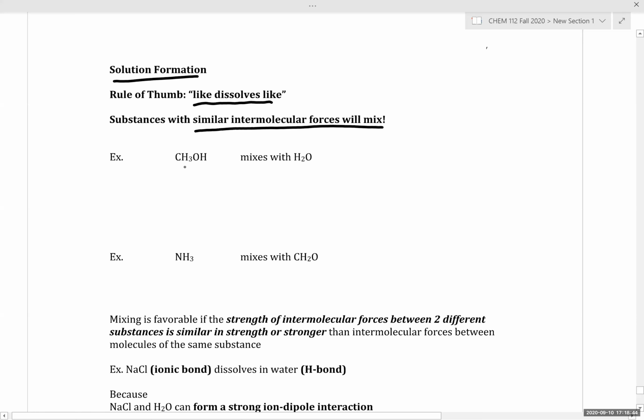So for example, methanol and water will mix because both of these molecules will engage in hydrogen bonds. So for example, when you have your molecule of methanol, it is capable of engaging in hydrogen bonding with water.